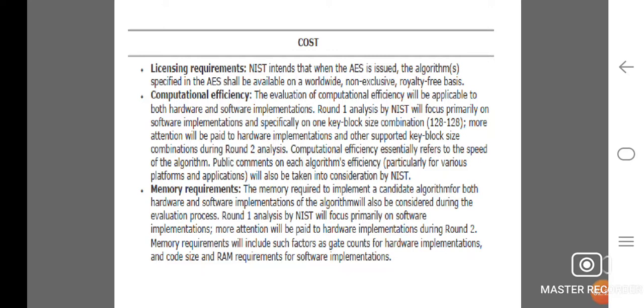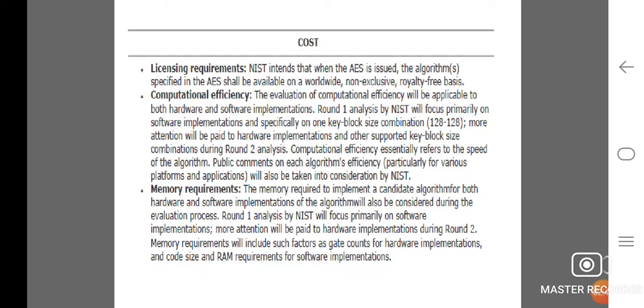In memory requirements, the memory required to implement the candidate algorithm, for both hardware and software implementations, will also be considered during the evaluation process.